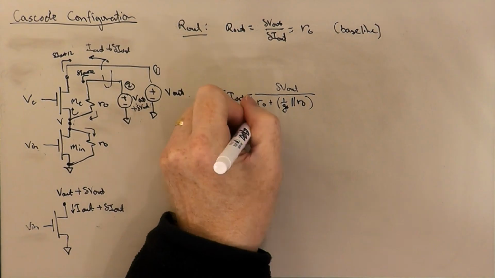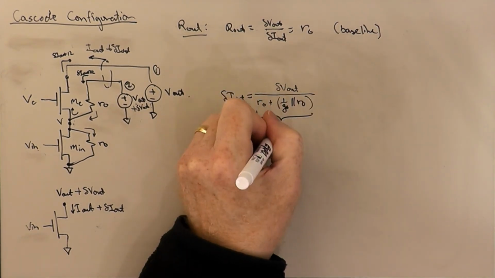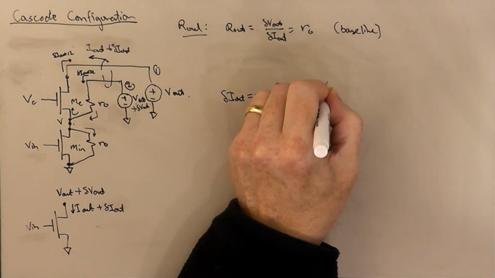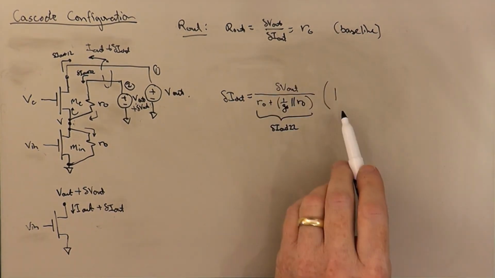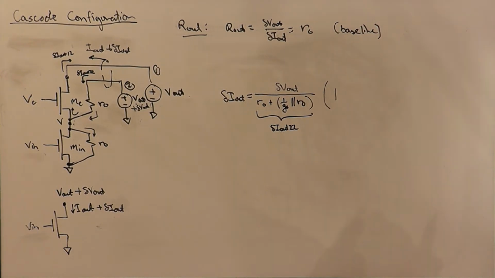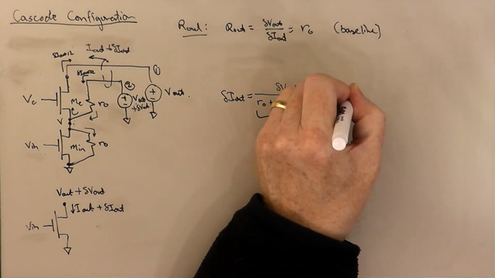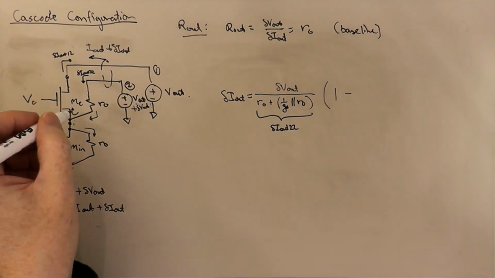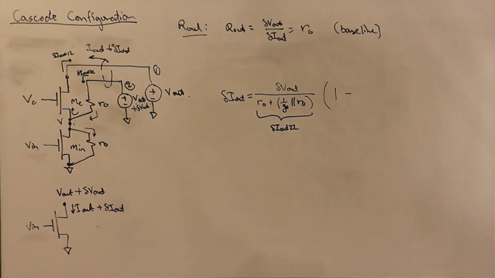Okay, so this is delta I out 2, 2, and then that times 1 is the delta I out 2, 2, and then we're going to have the current divider ratio multiplying delta I out 2, 2 as giving us the delta I out 1, 2.